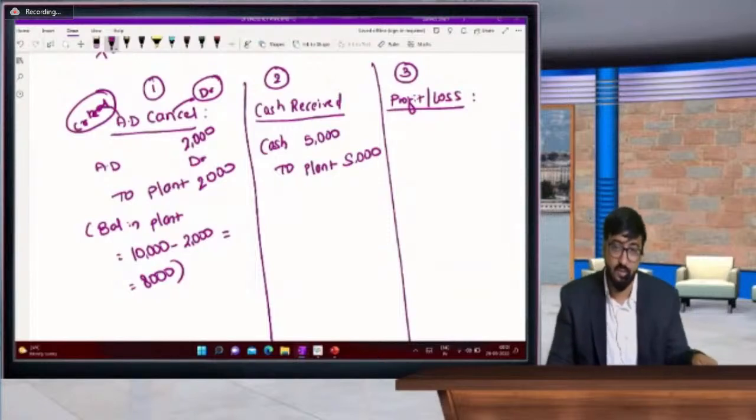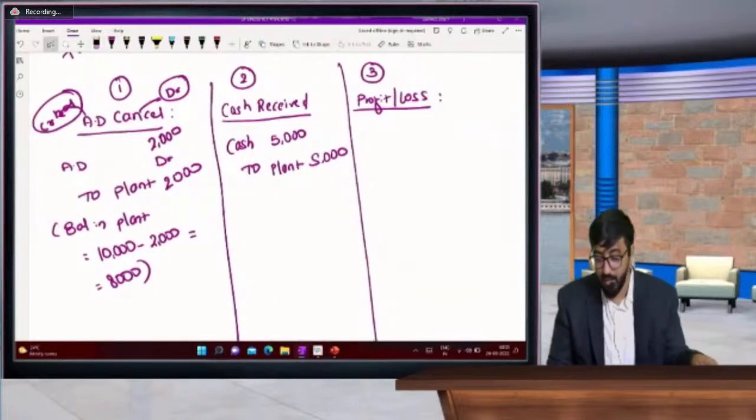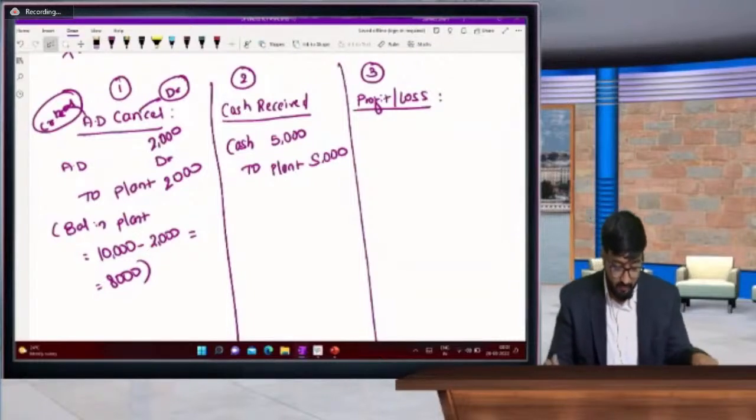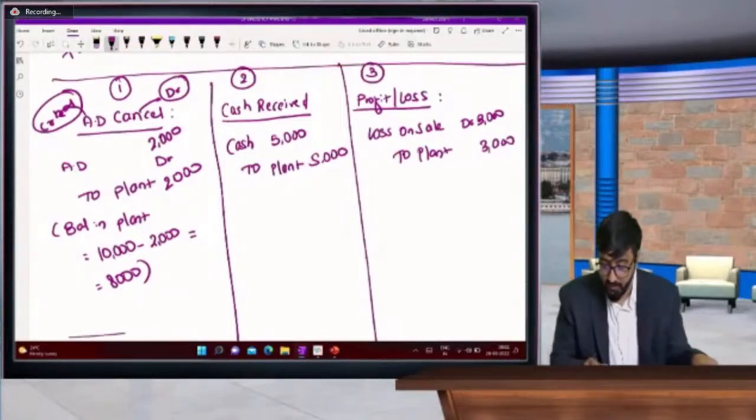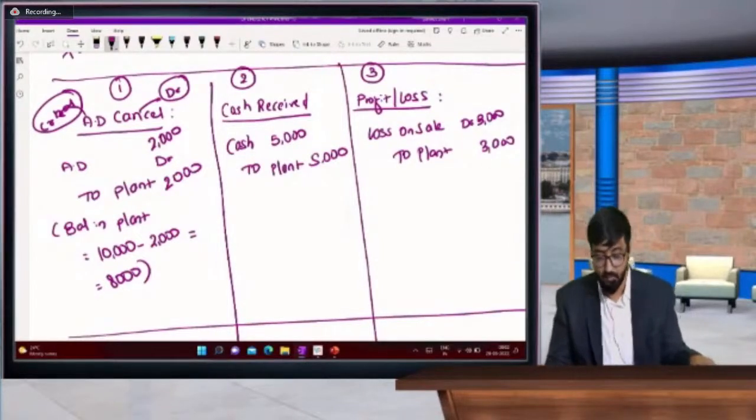So friends, here I will be in loss. Loss on sale, 3,000 to plant, 3,000. Direct entry students, are you getting this? You can note down all these entries in the margin itself. Those who are already aware of these entries, no need to write.